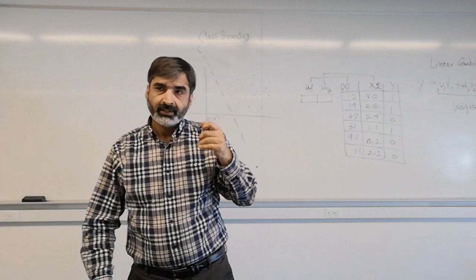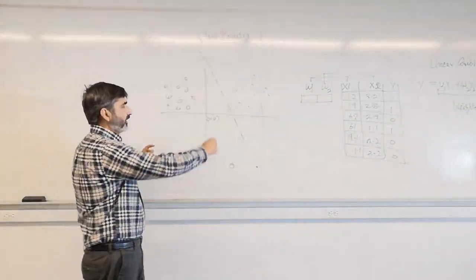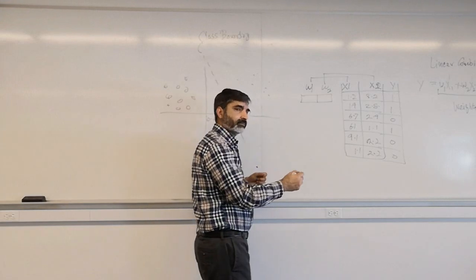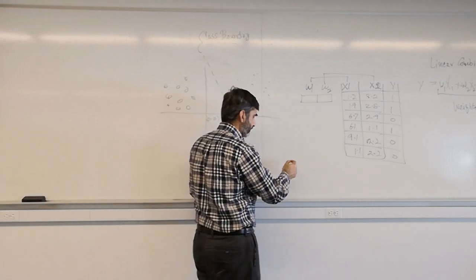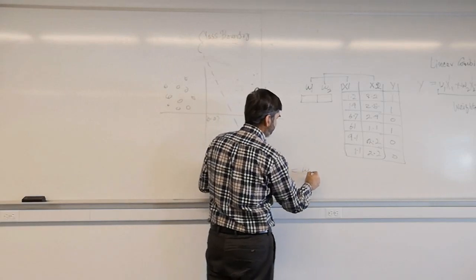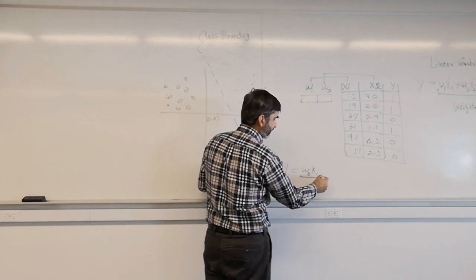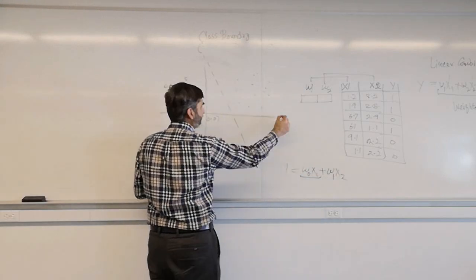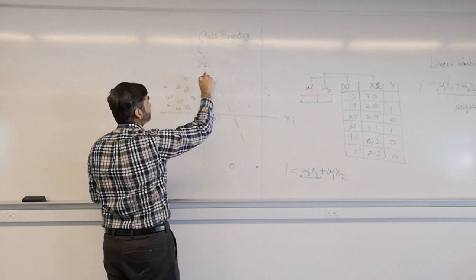But this is a line, so we can write the line so that every point on the line is equal to some multiplication of some weight with x1, some weight with x2. Let's say we have x1 here and x2 here.